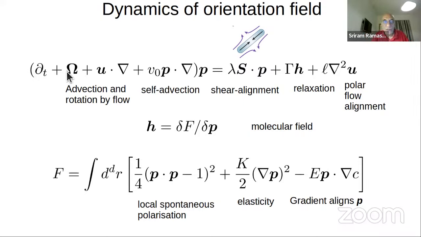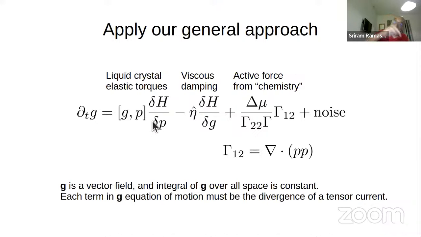You can think of the omega term, the U dot grad term, and this term as coming from just the way in which movement changes the orientation. And then the other part of that story, the conjugate of that story, is how local inhomogeneities in the orientation affect the flow.